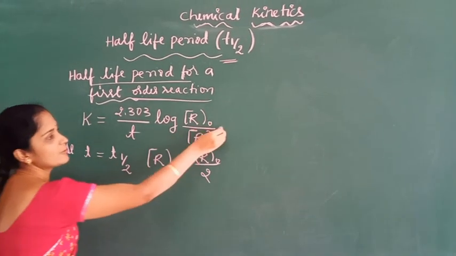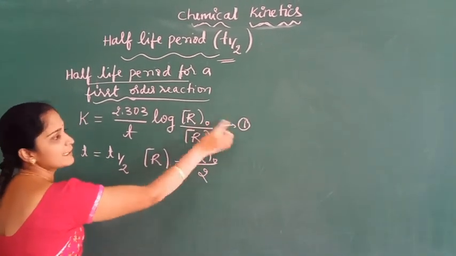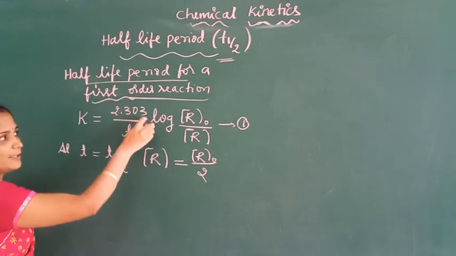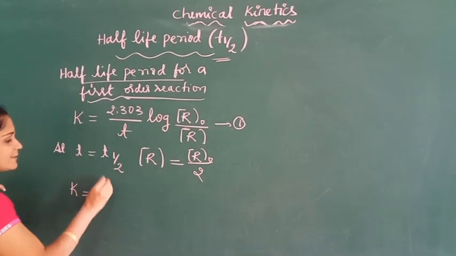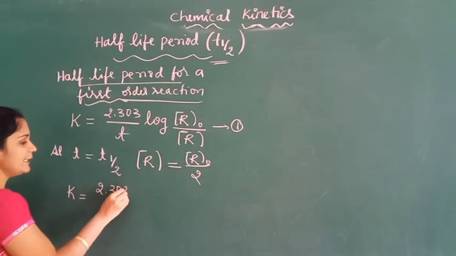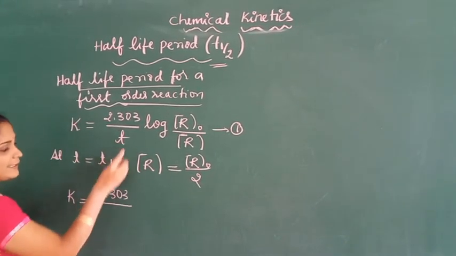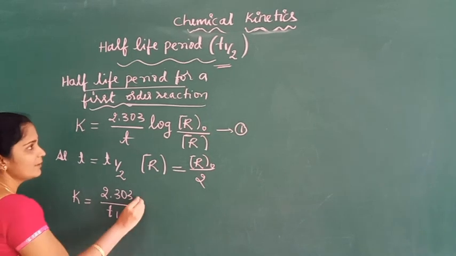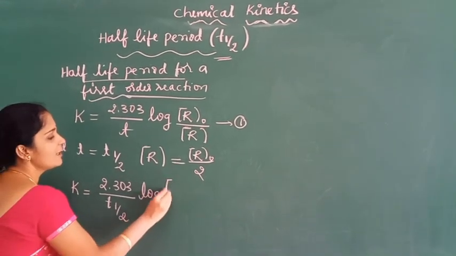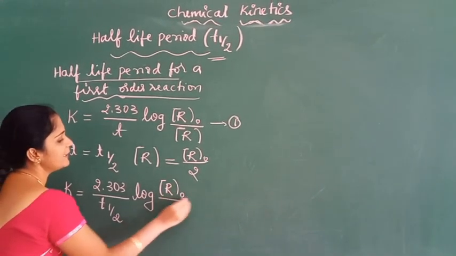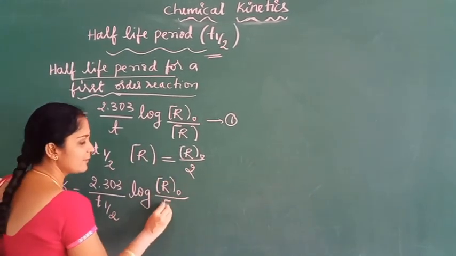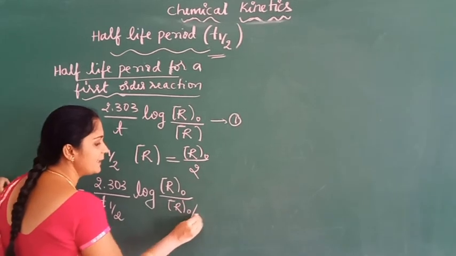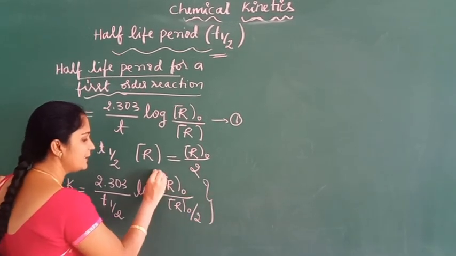So substitute these two values in equation number 1. So we get K equals 2.303 divided by t half, log of R naught divided by, here the concentration is R naught by 2.